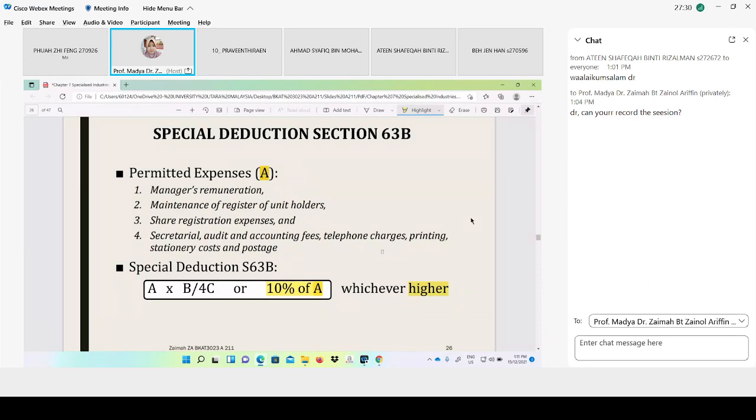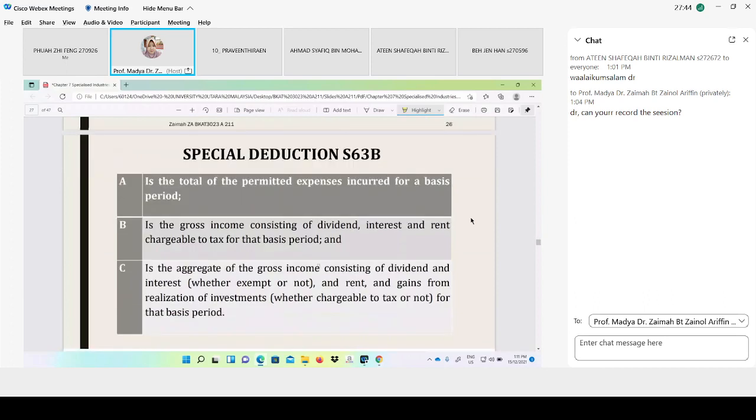Now in here, under section 63B special deduction, a fraction of the permitted expenses is given. The formula is to compare with 10% of A, whichever is higher. The A, B, and C are quite similar to what you have in the non-listed ISC.